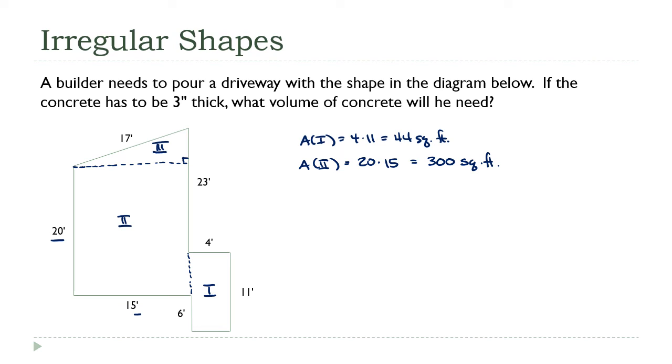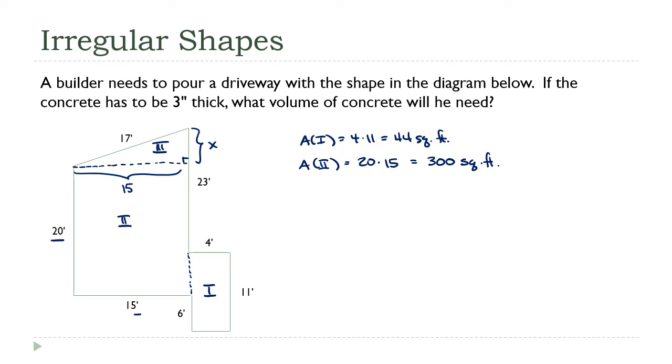What do we have going on here? I need to know this distance, right? Because that's the height of my triangle. So to do that, I know this length is the same as the 15 feet from the bottom. Okay, and I'm missing this guy. Let's call him X, so that I can talk about him.